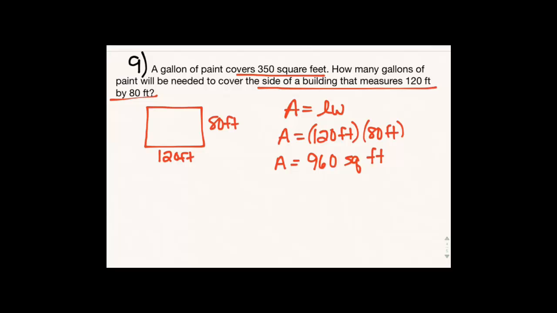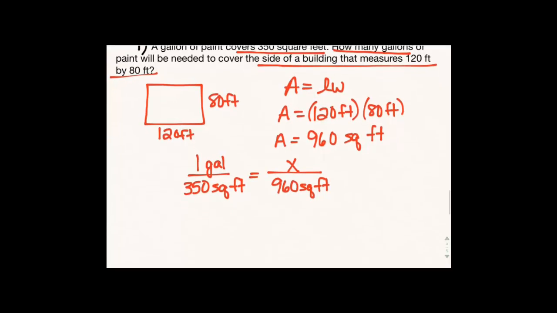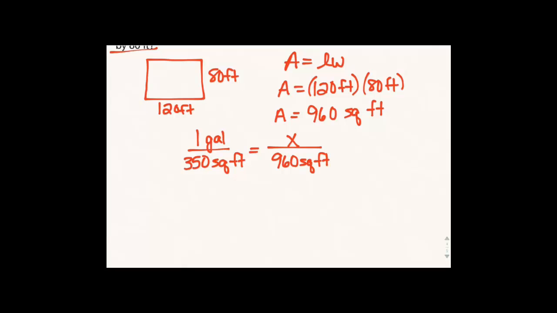The second step, again, we're looking for how many gallons. So we know 1 gallon covers 350 square feet. And we know our building side is 9600 square feet. And we want to know how many gallons, so that's our x, will cover that side of the building. So we're going to cross multiply. I'm going to move this up just a little bit. 1 times 9600.